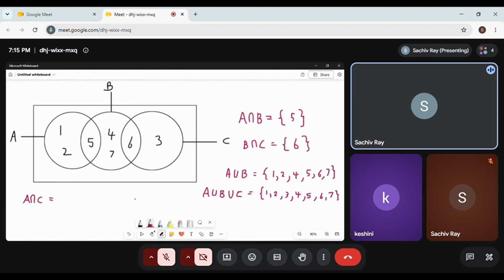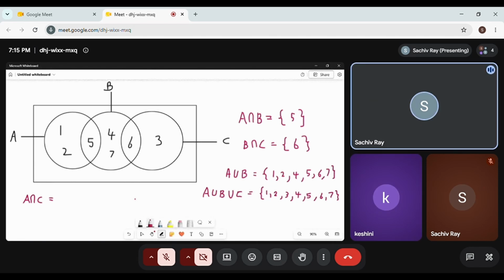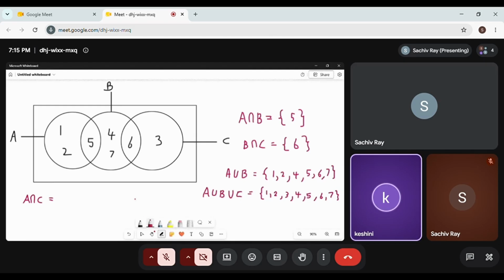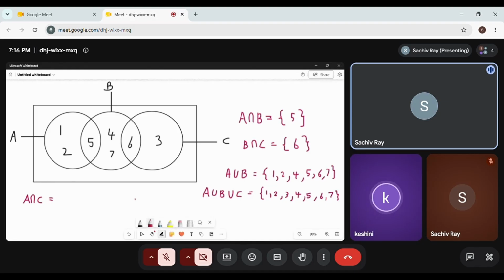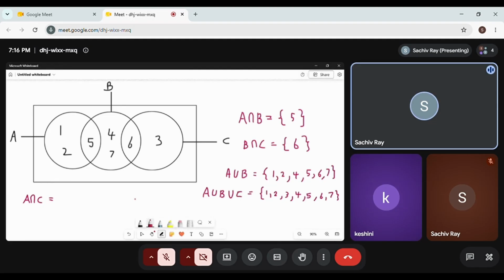No. It means the connecting parts, the connected parts. Are there any connected places between C and A? No, there is no connected place. This is a null set, right?